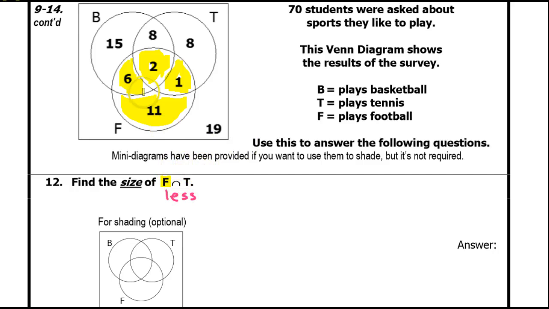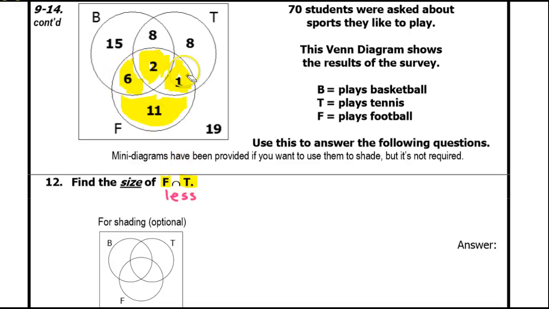Now, I'm going to erase some of these, making it less, because now I need to consider that it has to be F and T. Considering that I only want the ones that are also T, can you see that I need to erase the 6 and the 11?